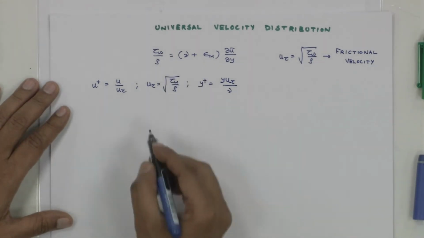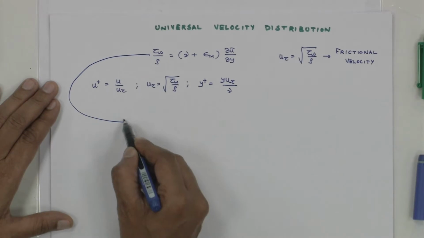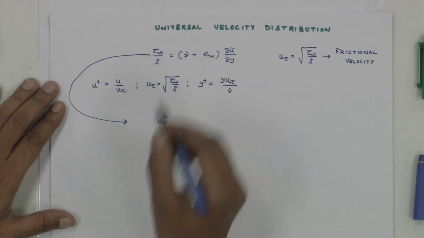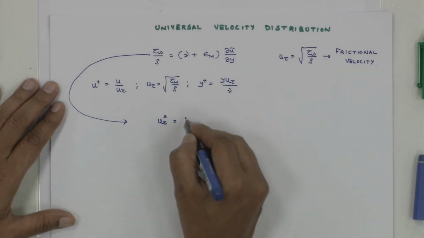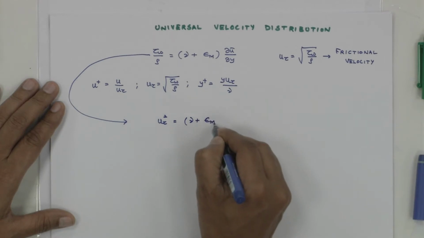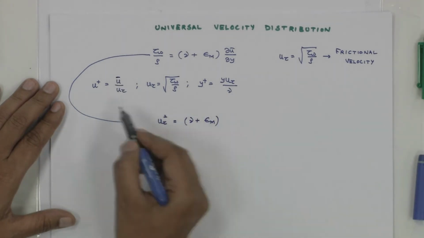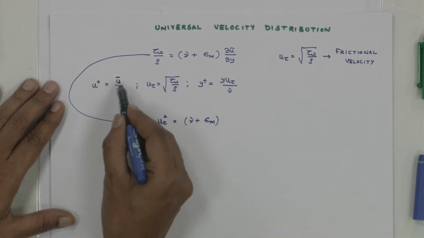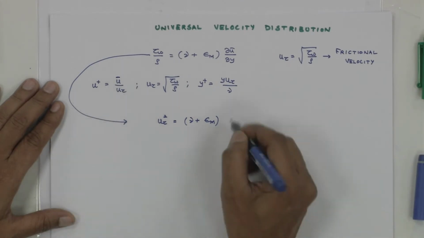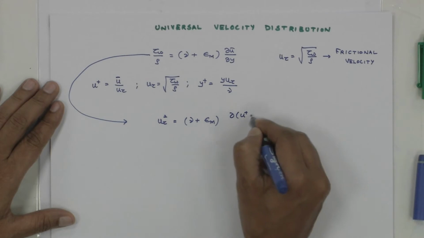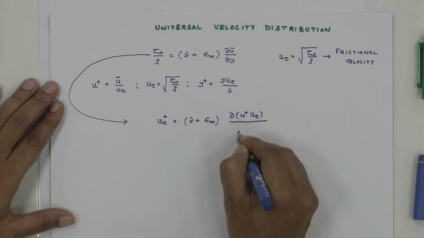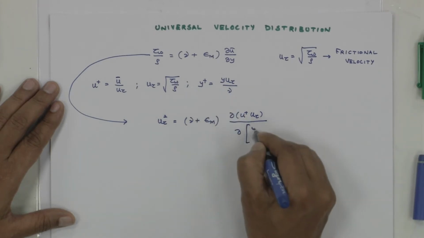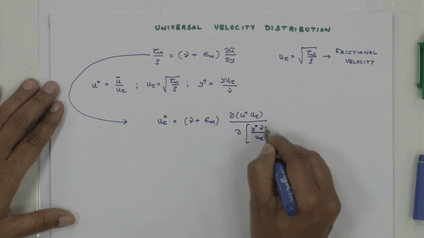So now the left hand side of this equation becomes u tau squared, since tau wall by rho is u tau squared, equal to (nu plus epsilon m) times del u bar by del y. Sorry, u plus is u bar by u tau, I just missed that bar. So u bar can be written as u plus into u tau, so del of u plus into u tau upon del of y, which can be written as y plus nu by u tau.